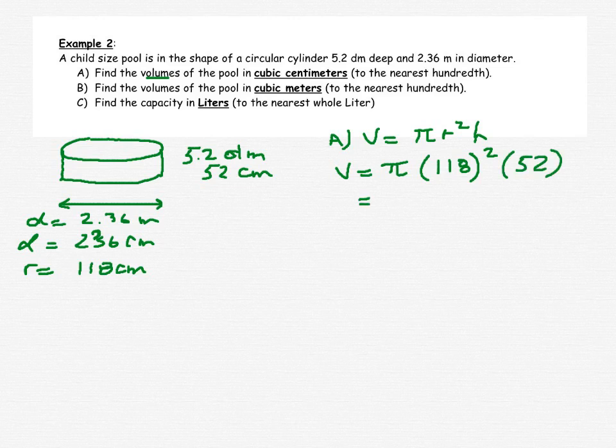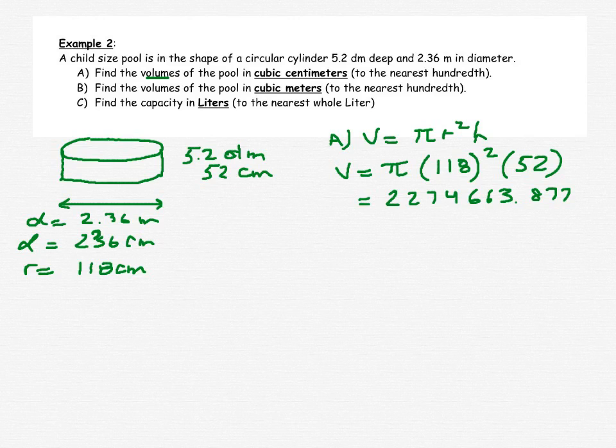On your calculator, you can do it several ways. I like to square my radius first, then times by the height, then times by pi. However, it doesn't matter. A lot of the newer calculators, you can do it all in one step. The math answer is going to be 2274663.877.